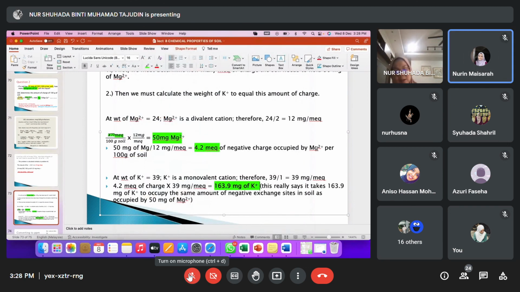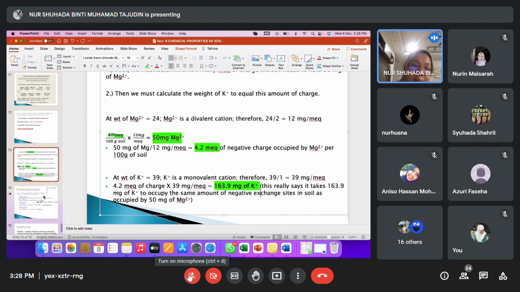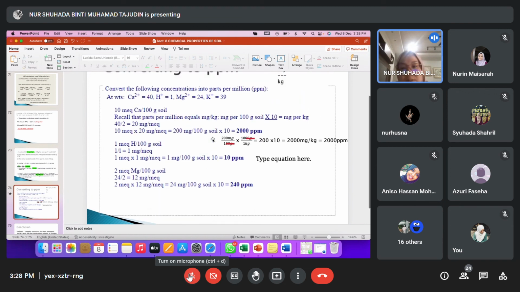Okay, so it's actually simple, but you must remember the theory: 1 MEQ must be divided by its charge. Same as I said earlier, converting to ppm: you have to convert to kg first, then you can convert to ppm, because mg per kg is equal to ppm.